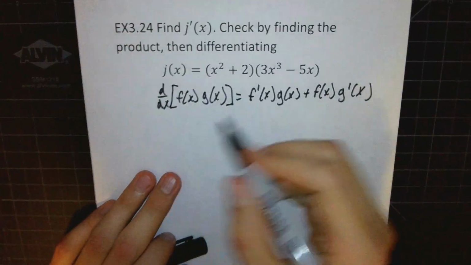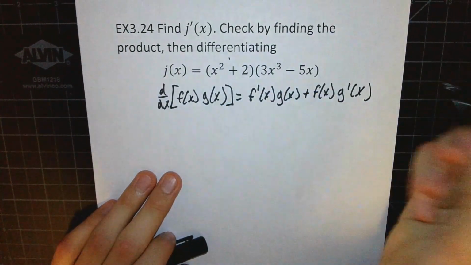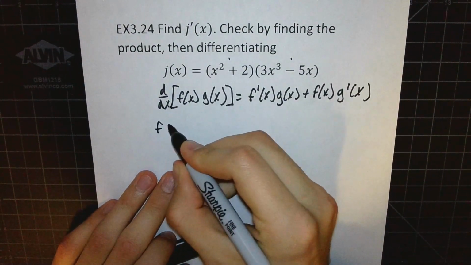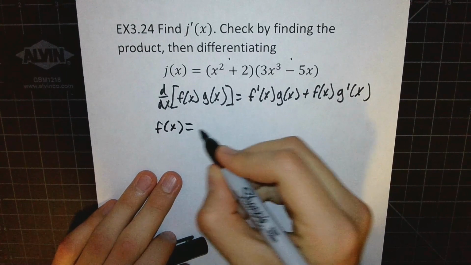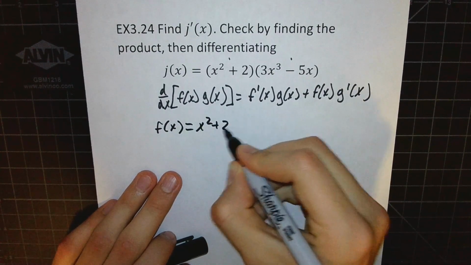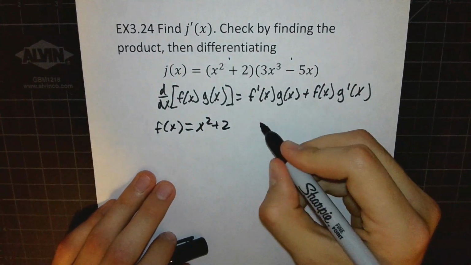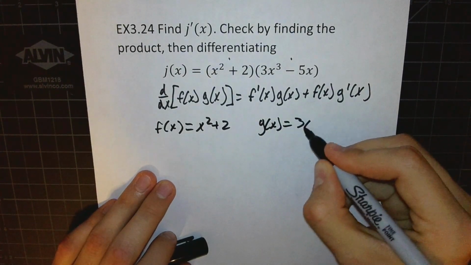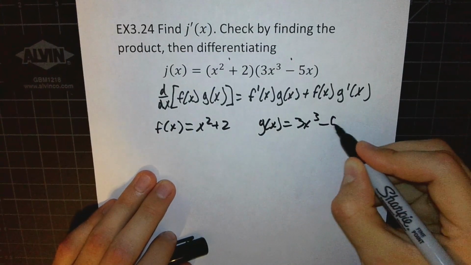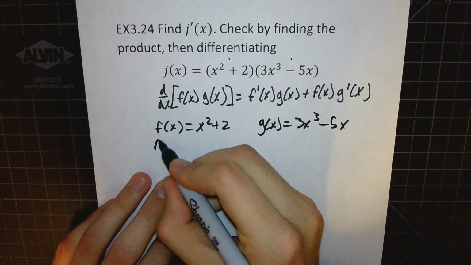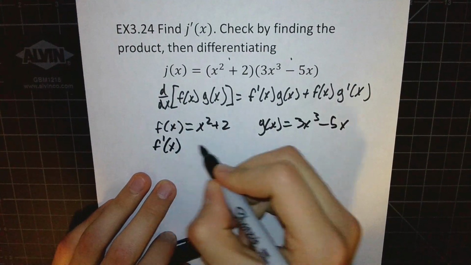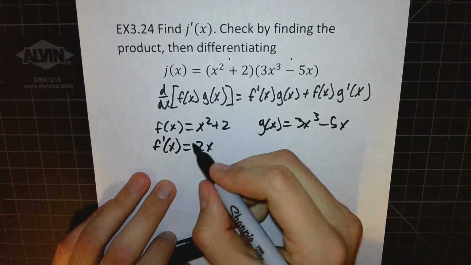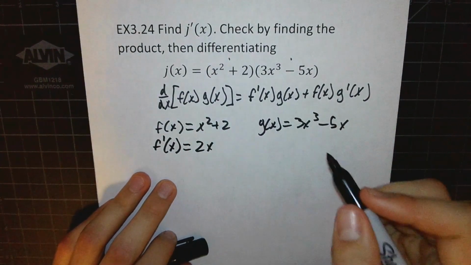So here we'll call this first term our f of x, the second term our g of x. So f of x is equal to x squared plus 2, and g of x is equal to 3x cubed minus 5x. And then f prime of x, the derivative here, is 2x, because this comes down, and then this turns into 0 because it's a constant.